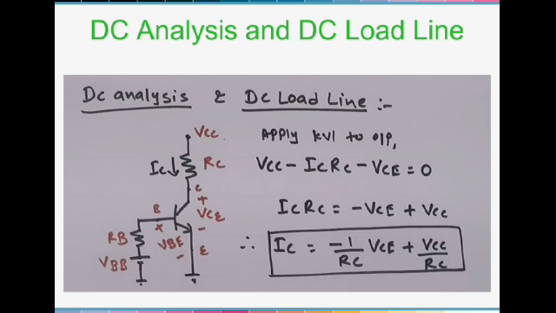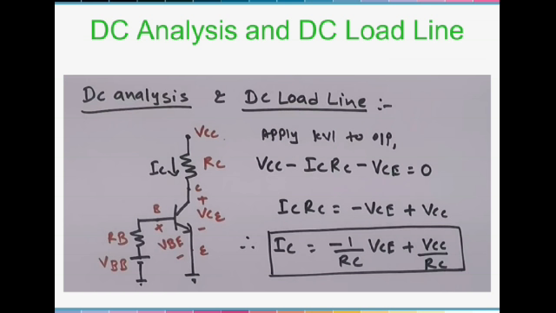How to fix the points A and B, that is, how to draw the DC load line, is under this condition. That condition is known as the DC analysis condition and drawing the DC load line. Consider a simple transistor circuit.